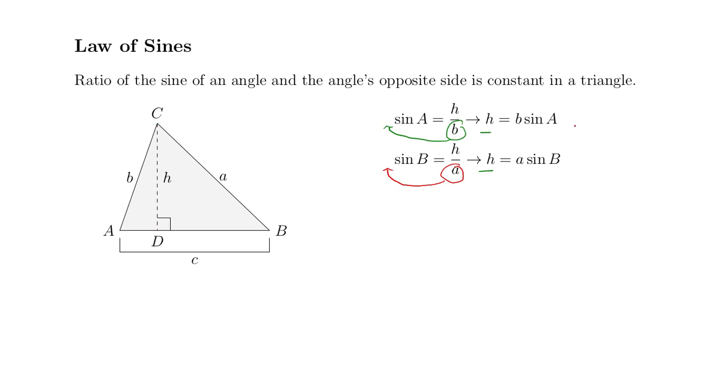So really, these two things are equal to each other. So we'll set these things equal to each other. And then since we want to talk about a ratio, we'll divide some stuff. And so we've got side length a over sine of angle A is the same as side length b over sine of angle B.